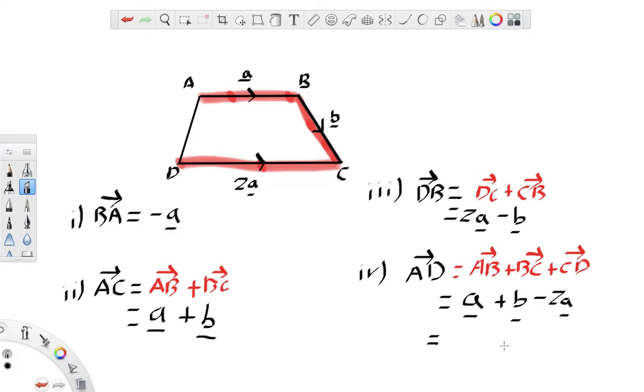So we've got A minus 2A, which is minus A, and then we're adding B to that. It's just like algebra really. That would be better written as B minus A. And there we go.